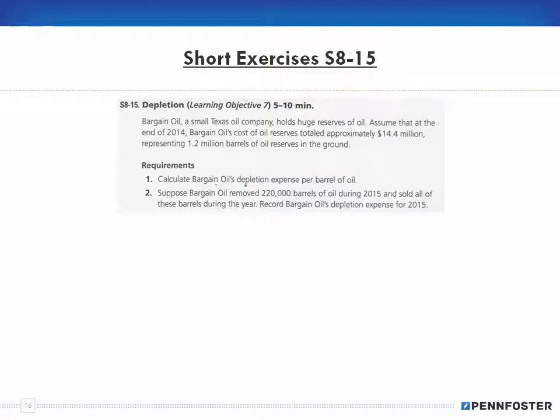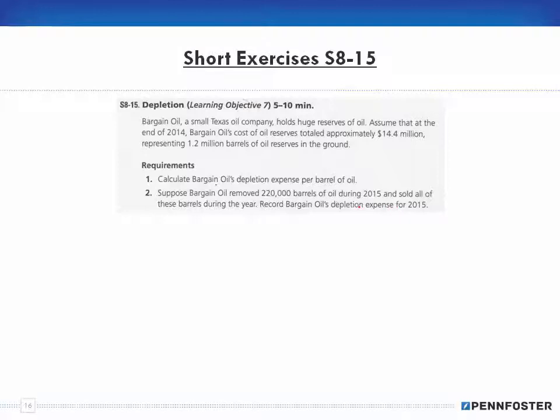Calculate Bargain Oil's depletion expense per barrel of oil. And then two, suppose Bargain Oil removed 220,000 barrels of oil during 2015 and sold all those barrels during the year. Record Bargain Oil's depletion expense for 2015.